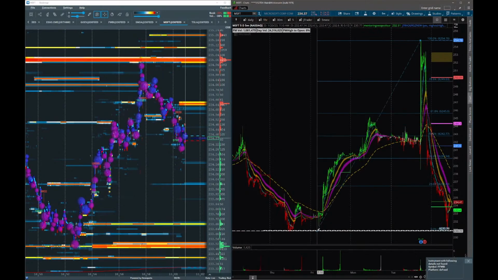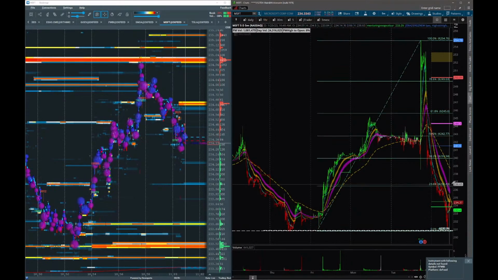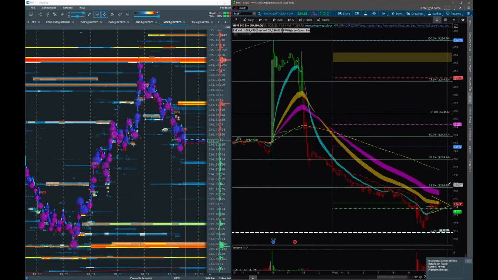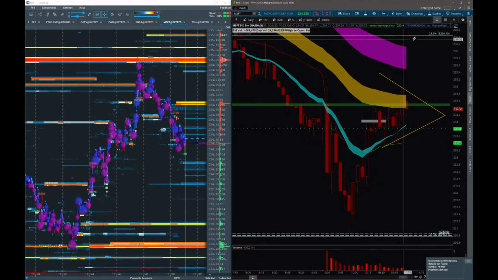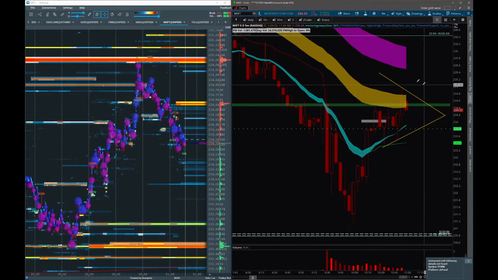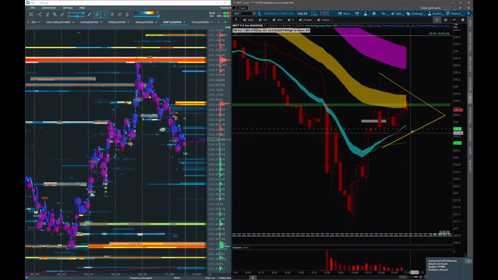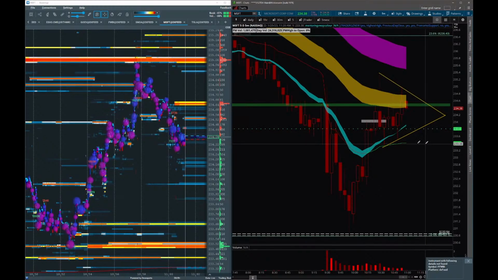From this point to this area, we're going to look for 236 and 43, okay? If we're going to hold this, that is going to be my target, this area here. That point over here, I can look to short. Otherwise, I'll look to short below the daily lines, below the VWAP as well, and looking for a rejection.